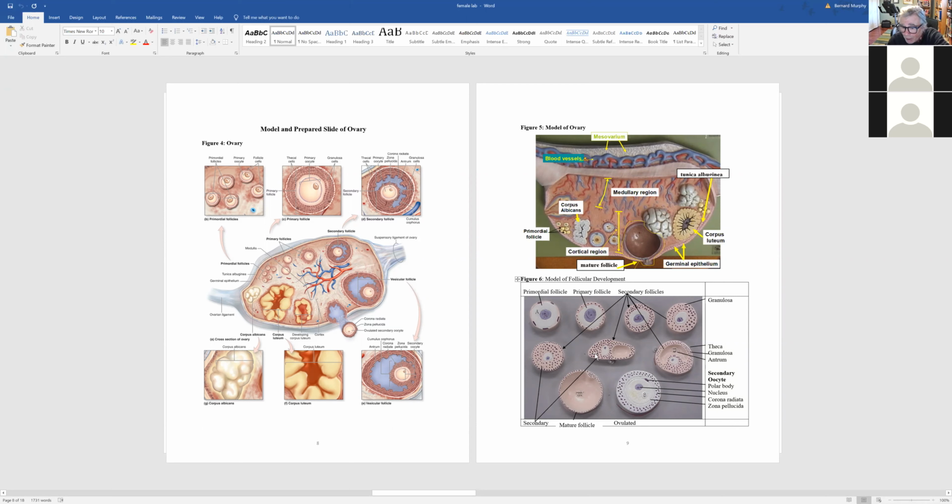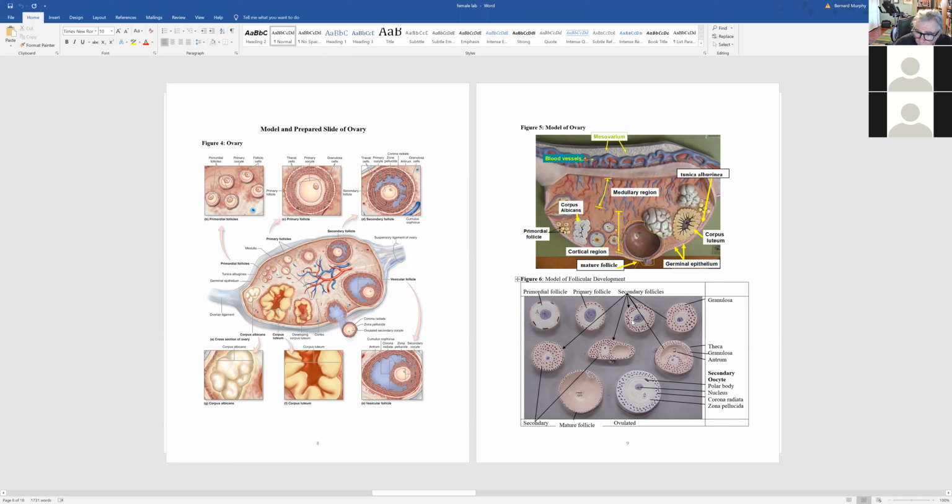Now this down here is in a different model. It has some of the same stuff. And also there's an error here that I have to point out. So this is one model, this is a different model, but it points out sort of the same stuff. So these are primary follicles here. And here's a primordial follicle.